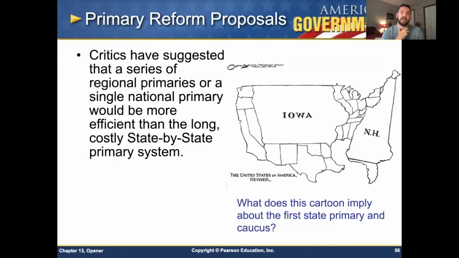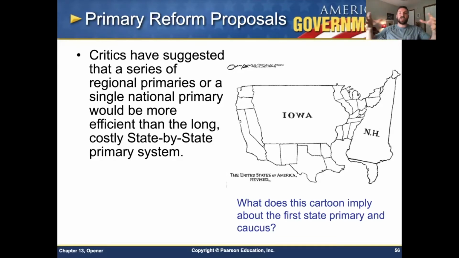Now, there have been lots of primary reform proposals. Critics suggest that a series of regional primaries or even a single national primary would be more efficient than the long, costly state-by-state primary system. And there's a lot that can be said about having a national primary day. It would be really cool to have just a national primary election day, and at the end of that day, we all know who each party's nominee is going to be.